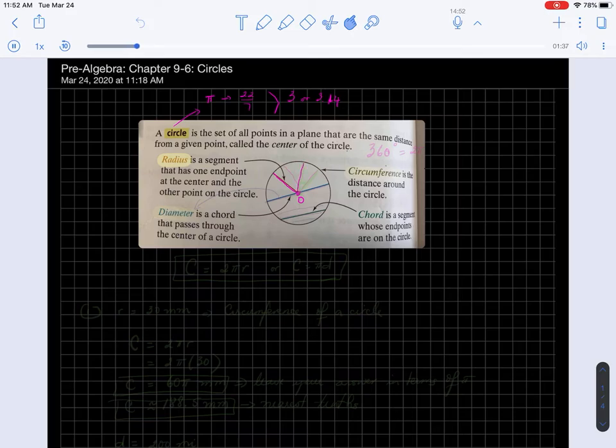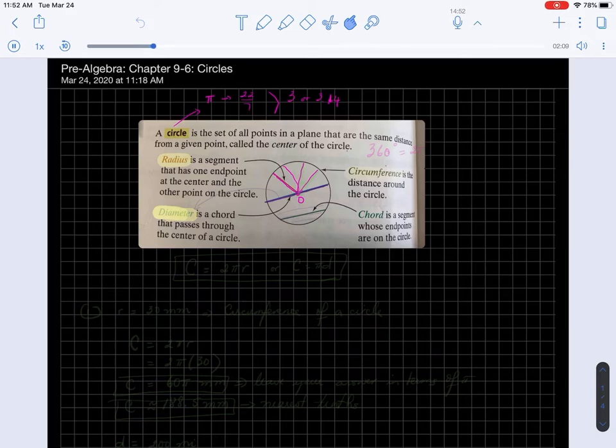All radii measurements are the same. Now we're looking at diameter. Diameter is twice the radius. If the diameter is 2, the radius is going to be 1. So the diameter is going to be right here.